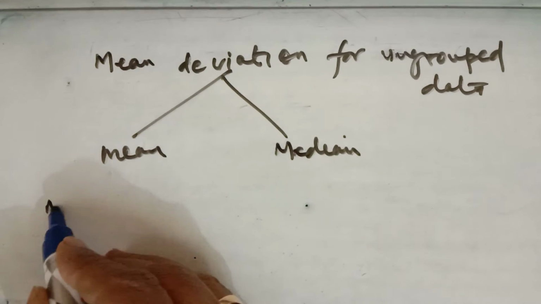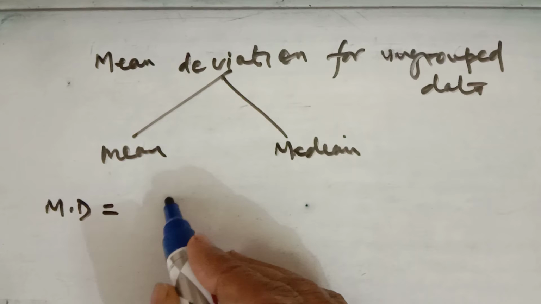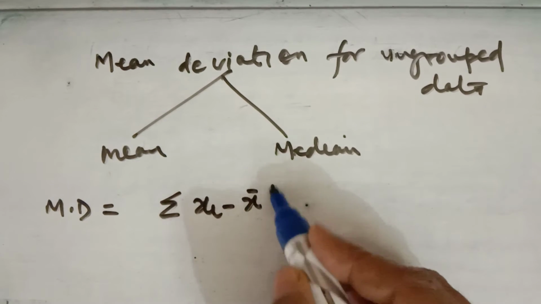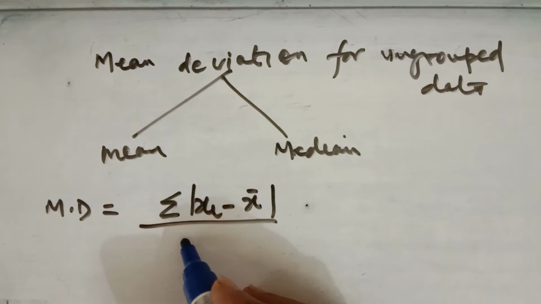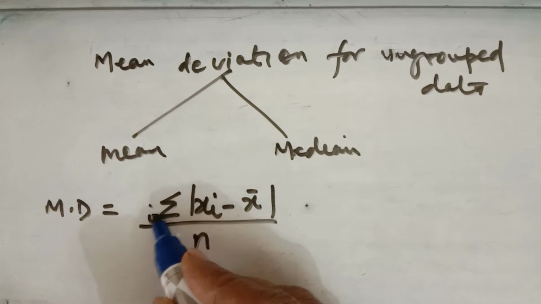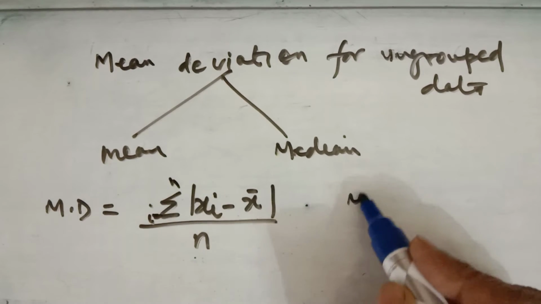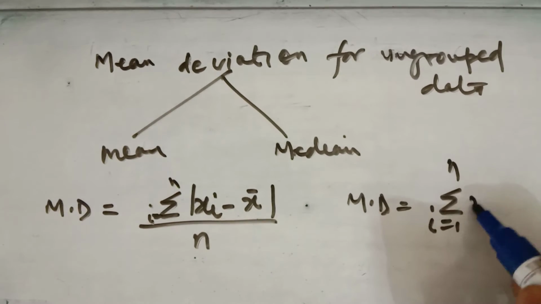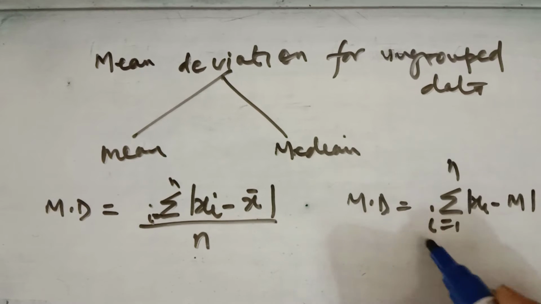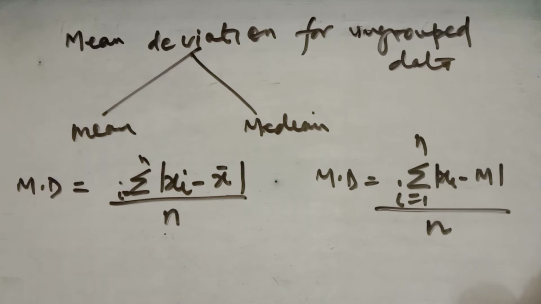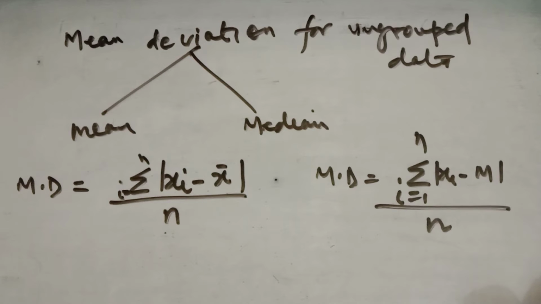The mean deviation about the mean is the summation, i from 1 to n, of the modulus of xi minus mean, divided by the number of observations, and the mean deviation about the median is the summation, i from 1 to n, of the modulus of xi minus median, upon the number of observations. So this is the mean deviation about the mean and the mean deviation about the median for ungrouped data.